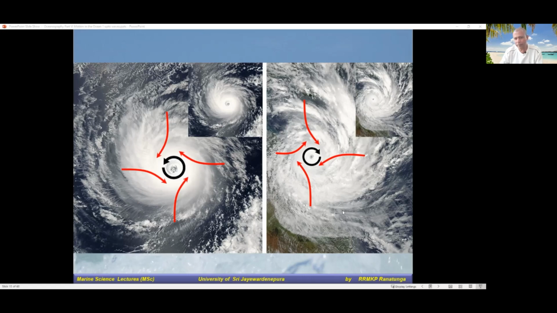When you open your tap, you see in the center it will rotate before going down the drain, right? But if you want to demonstrate that the rotation will be in the opposite direction in the northern and southern hemispheres, we have to go to either side of the equator.